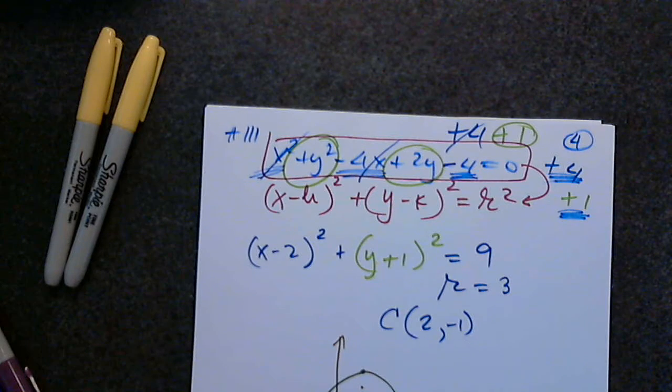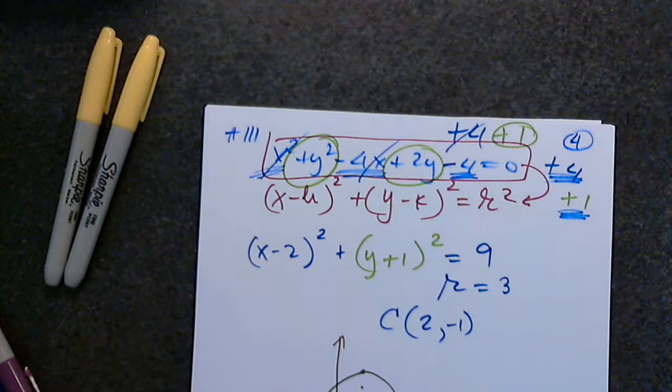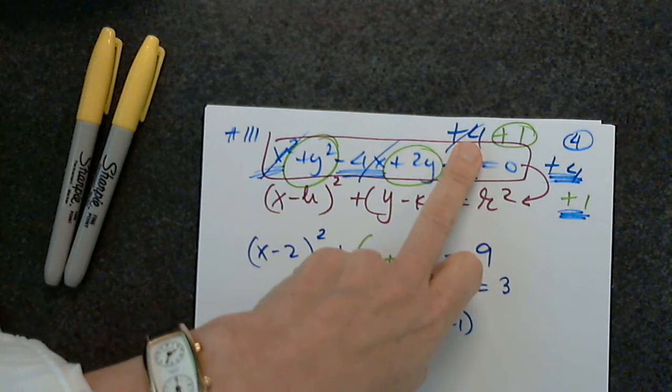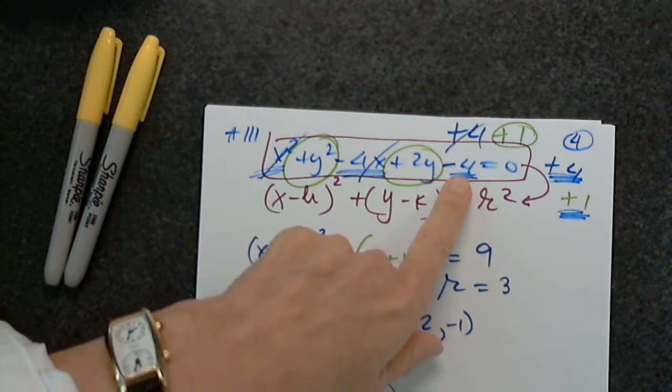Maybe. Because I'm looking at x squared minus 4x. Are we not using the minus 4 on this side? You cannot. That's why we determine this number. You cannot use this number.